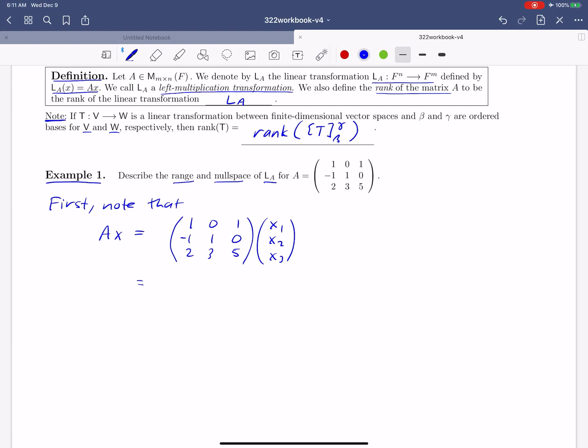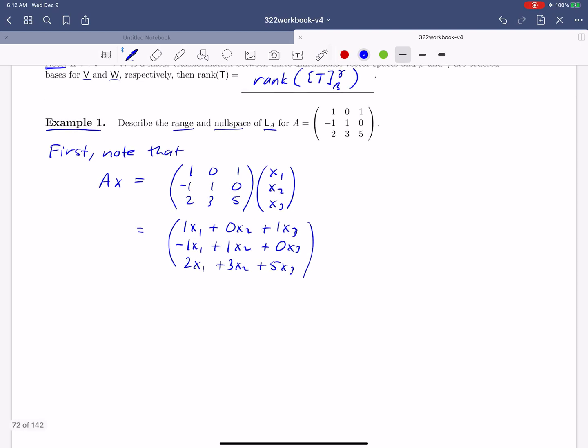If we do this matrix multiplication, take the first row and multiply that through, we're going to get 1x1 plus 0x2 plus 1x3. Then the second row we'd get minus 1x1 plus 1x2 plus 0x3, and then the third row, same idea. We're just using ordinary matrix multiplication there.